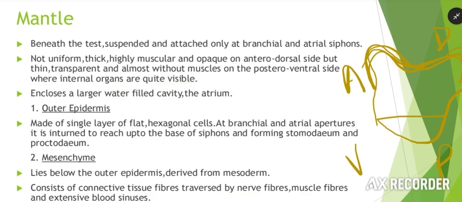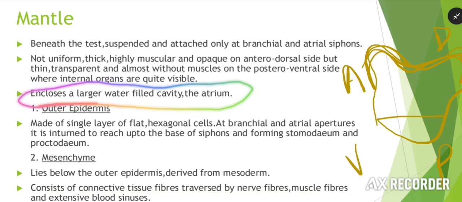Okay, so it encloses a larger water filled cavity, that is atrium. This coelom and atrium we will study in the next lecture. So for the time being it encloses a large water filled cavity, that is atrium. For the time being let's only study the term here, and in detail we'll study in the next lecture.